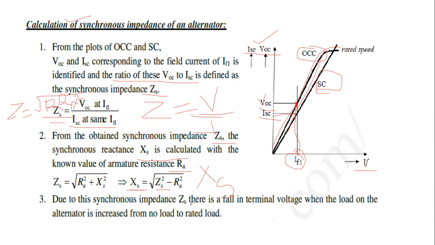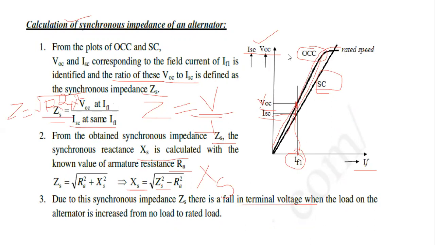Therefore, due to the synchronous impedance ZS, the terminal voltage is reduced when the load is shifted from no load to full load.